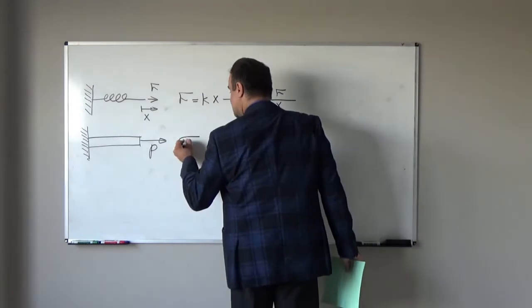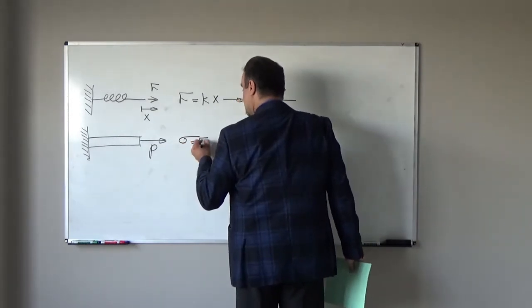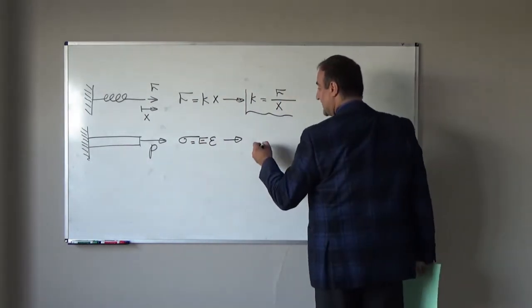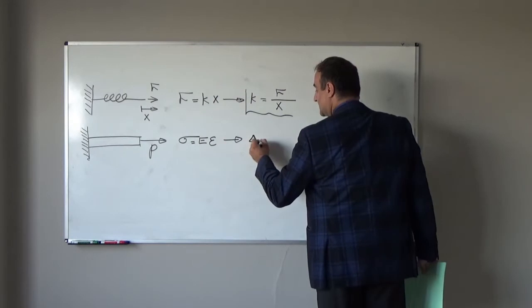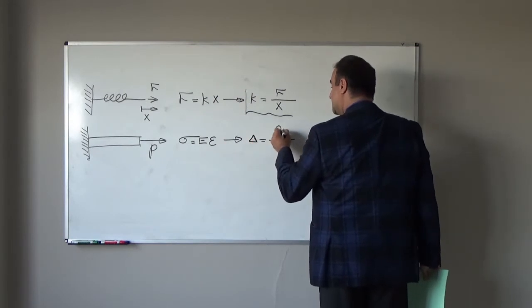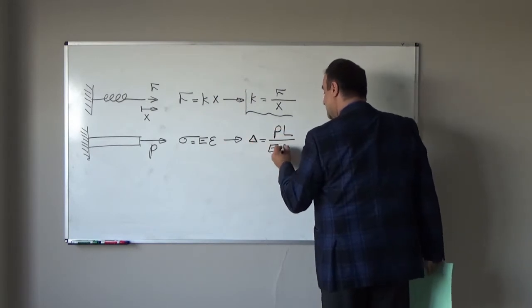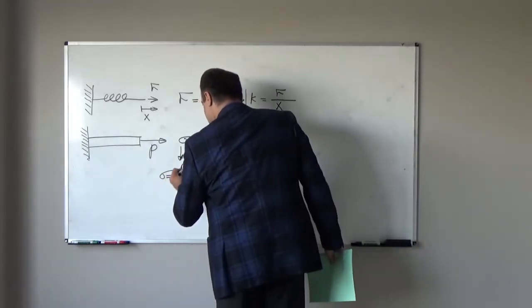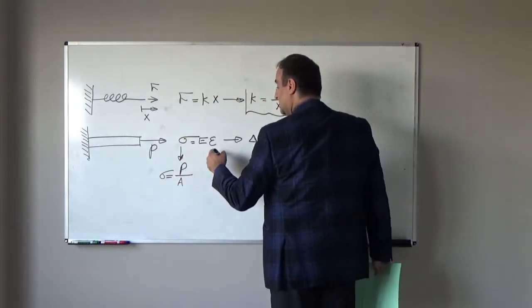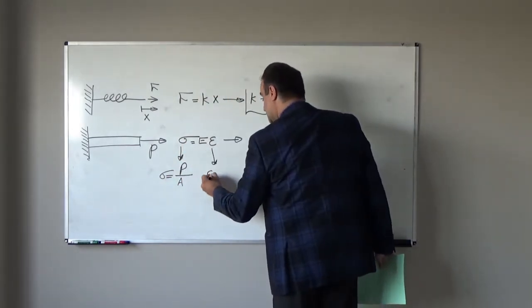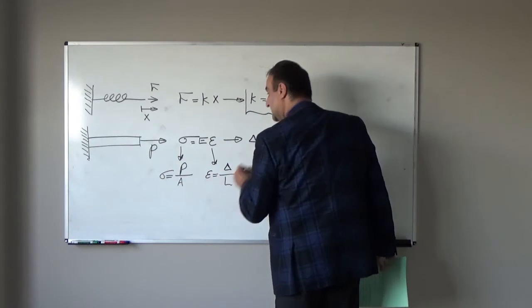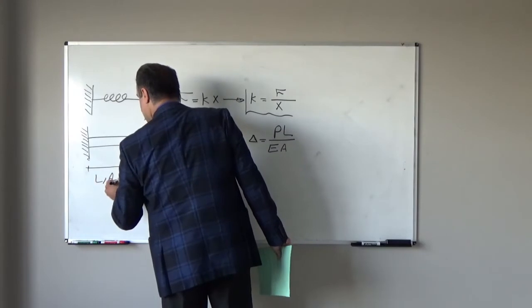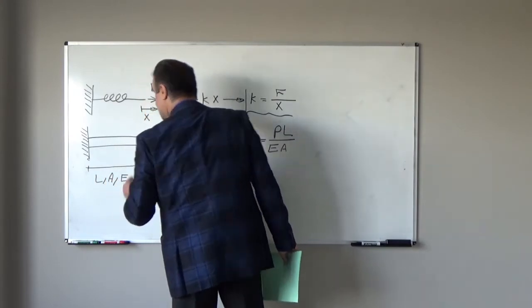I can write sigma is equal to E epsilon. This is Hooke's law. And from here, I can write delta, deformation, is equal to PL over EA, because this is equal to P over A, sigma, or normal stress, and epsilon is equal to deformation over initial length, and L here is the initial length, A is cross-sectional area, and E is Young modulus.